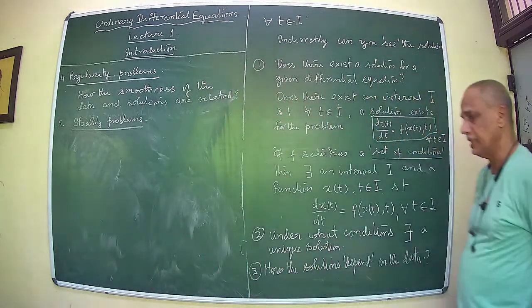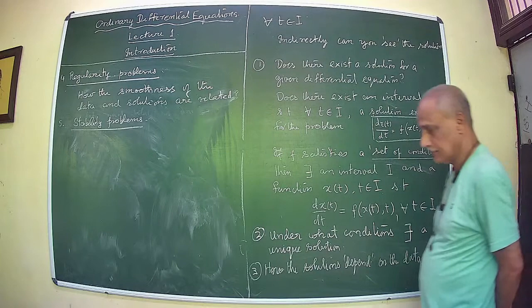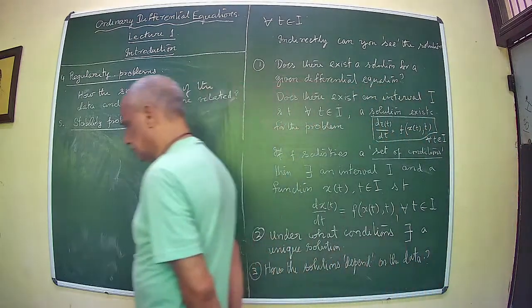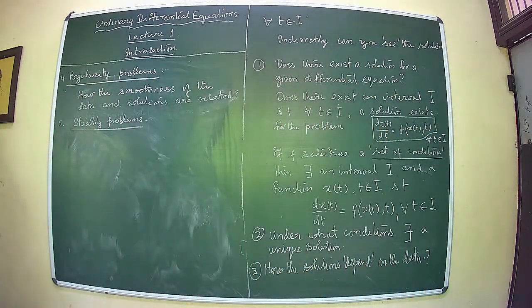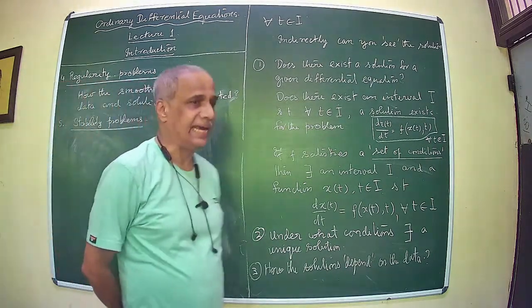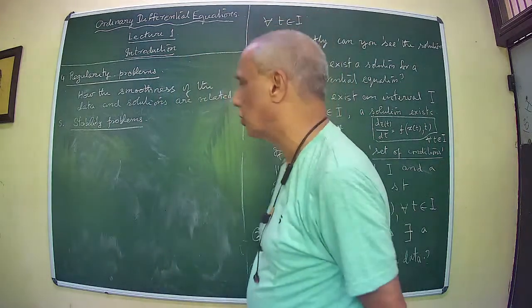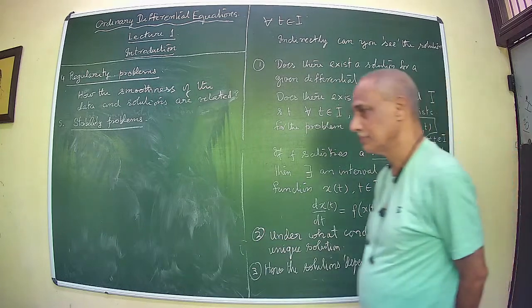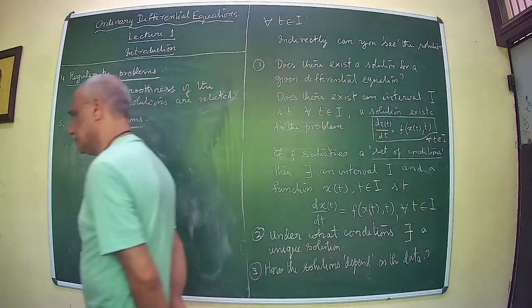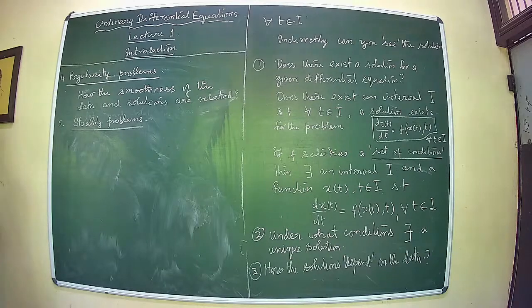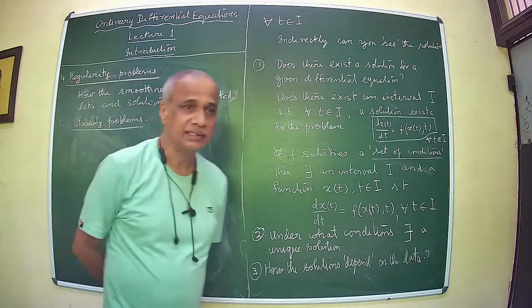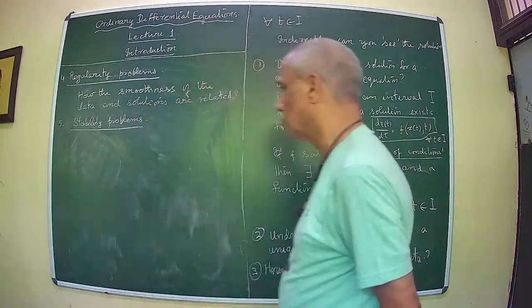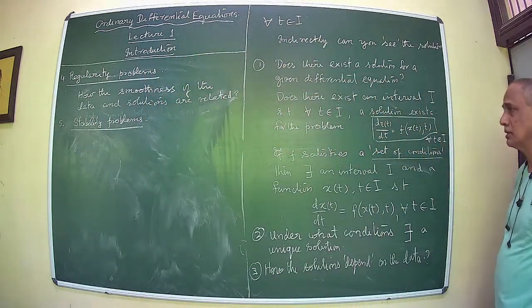Suppose you initially start somewhere in the neighborhood of the initial data. Will that corresponding solution also stay in the neighborhood of the solution for all t? Or for some t, or how far will it stay near this solution? These are the so-called stability problems.